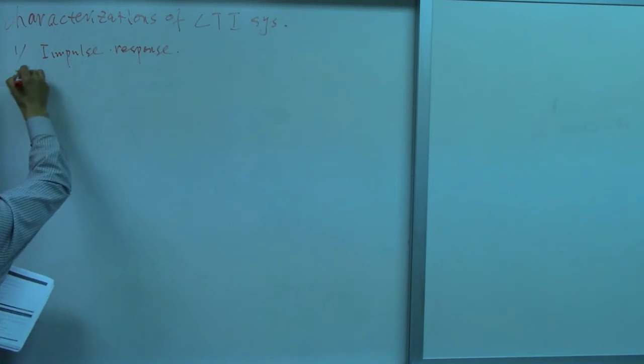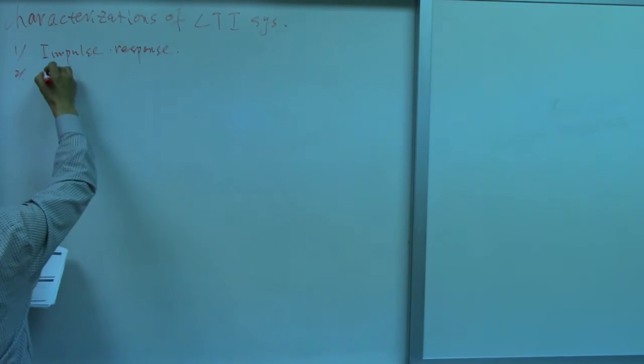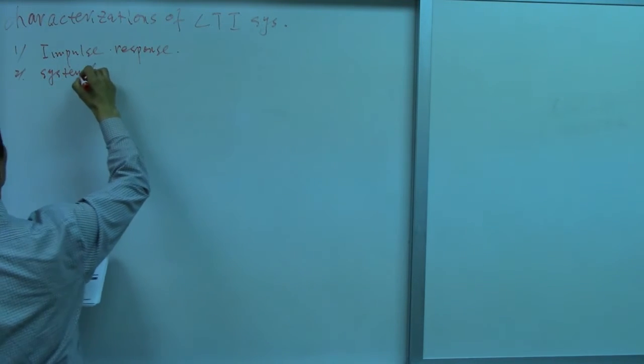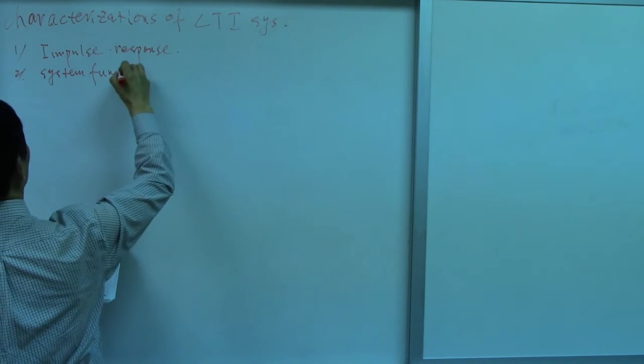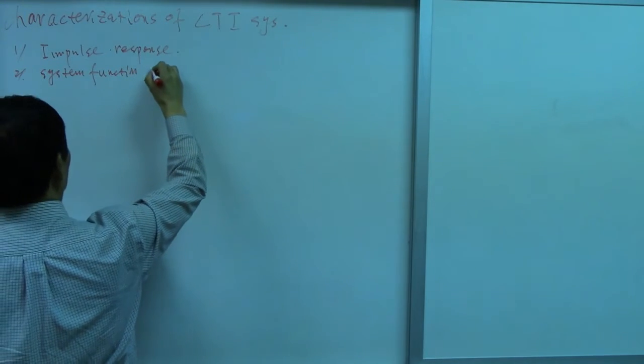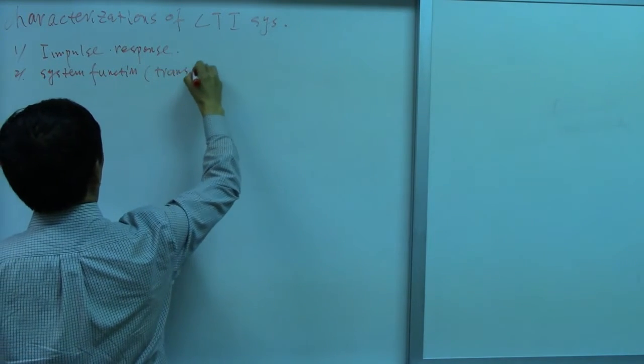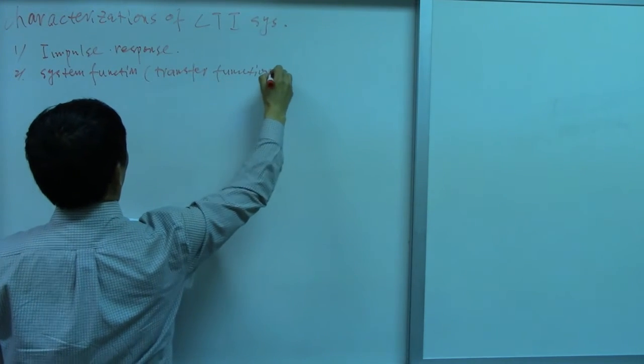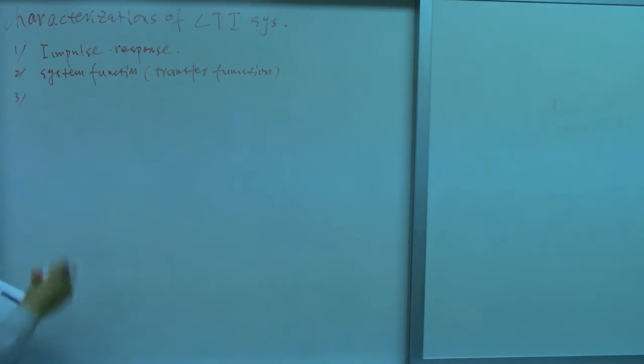The second method is called system function, or we can call this a transfer function. A system function actually is just the z transform of the impulse response.